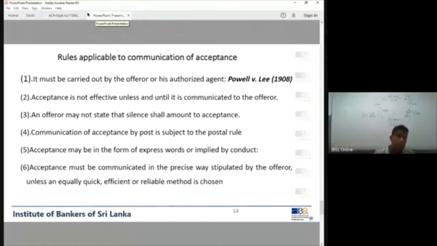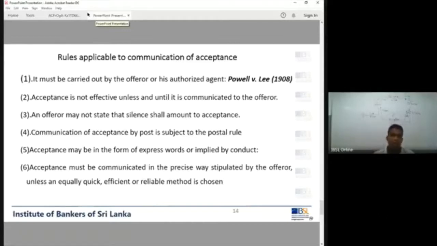But there is an exception here, that is the postal rule. As per the postal rule, when the communication is made by way of a postal letter, the communication is considered effective from the time the letter is posted.